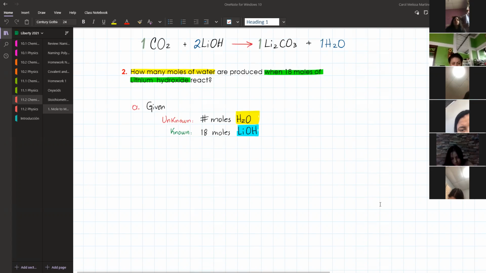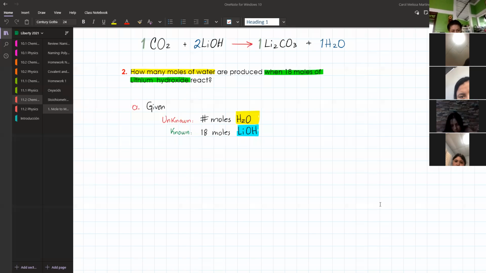So water, which is my unknown, it is right there. LiOH is a reactant that is right there. The next step is, now that you know given and unknown, you need to write the mole ratios. That is the second step, okay? Mole ratios.